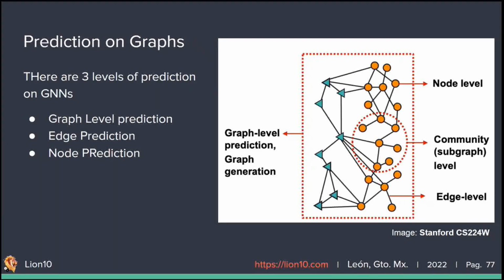Now there's also edge prediction. And for edge prediction, there are different variants of it. But generally speaking, edge prediction says, okay, based on a graph that I'm giving you, or a set of nodes, it could be nodes and edges, I want you to predict where the next edge is going to be.